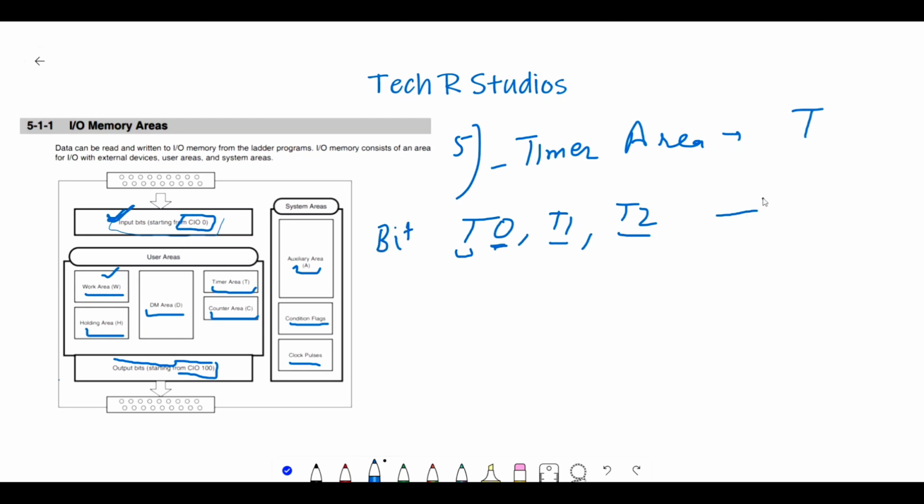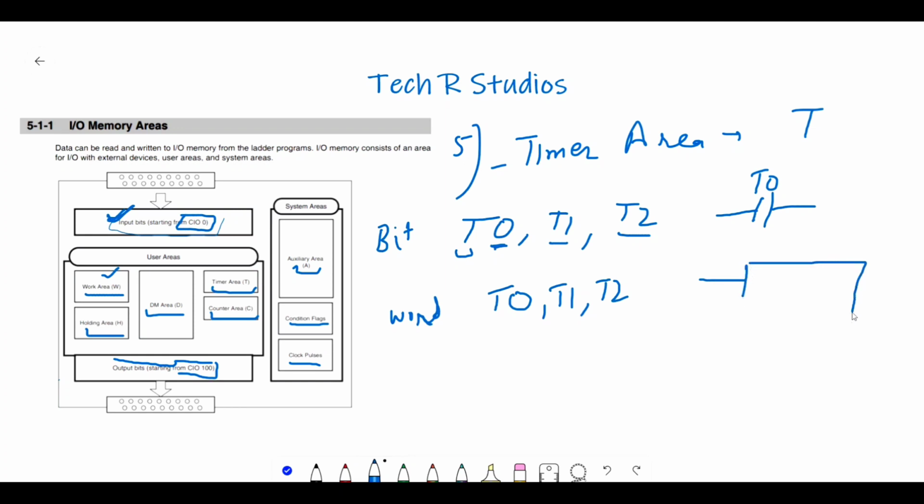For example, if we use NO in the ladder, we will write T0 here. So it will become the bit version of this timer. To represent it in word, we also write it in the same format, T0, T1, T2. The only difference is we cannot write it in bit format.